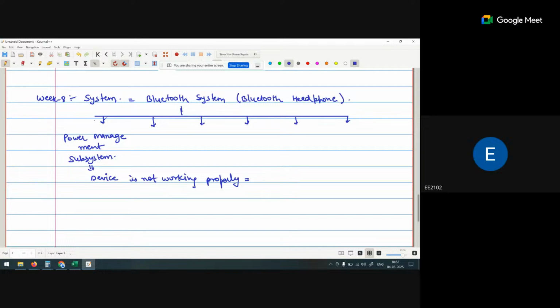Either the voltage is not appropriate, or the current is not appropriate.